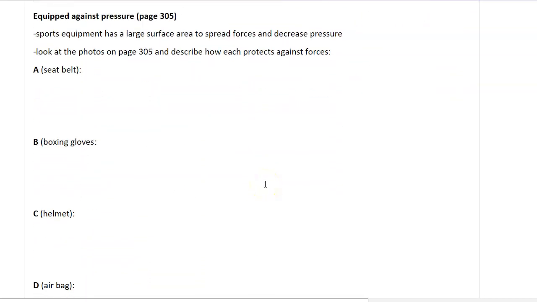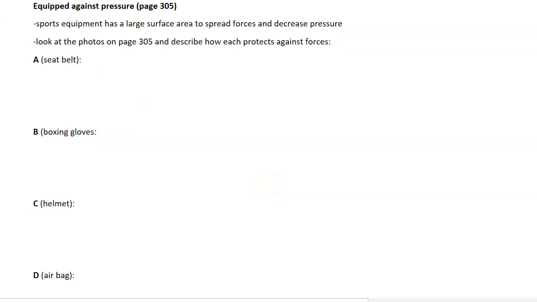Now, there are certain pieces of equipment that are designed to reduce the amount of pressure, but not all of these just reduce pressure. Sometimes they reduce the amount of actual force that the person is experiencing. A seatbelt is one example of this.